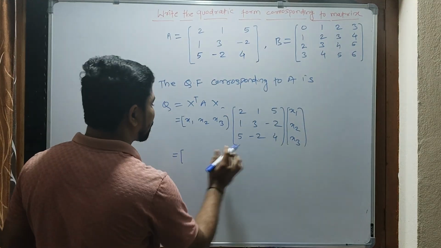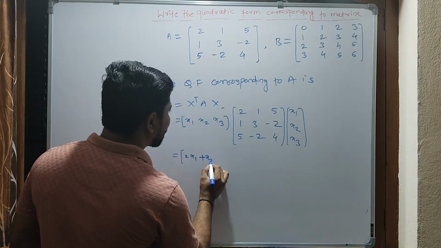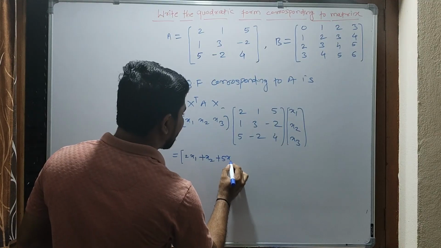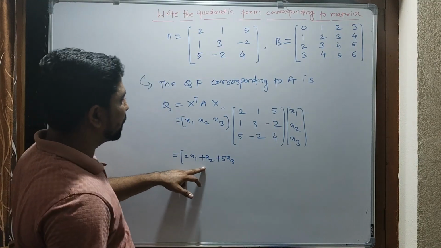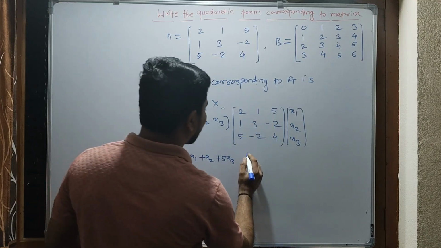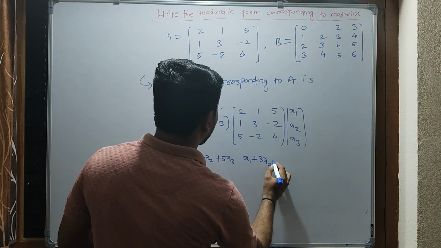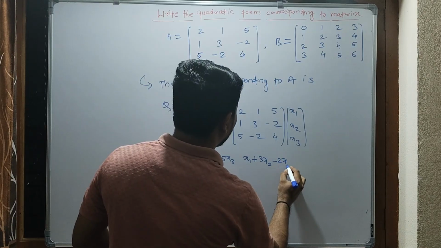First row first column means 2x1 plus x2 plus 5 times x3, which is my first entry. First row second column is x1 plus 3x2 minus 2x3.